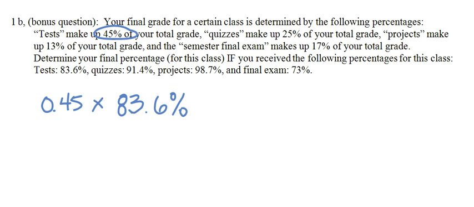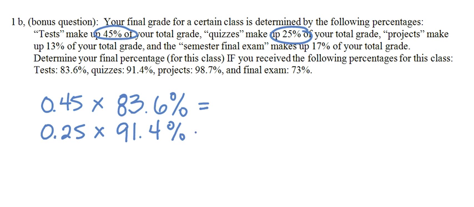Okay, so we'll figure out what that is. Then we have 25%. So I'm going to move the decimal over 2 places. So 0.25 of my grade is quizzes, and I got 91.4% on my quizzes. And then 13% of my total grade is from projects.